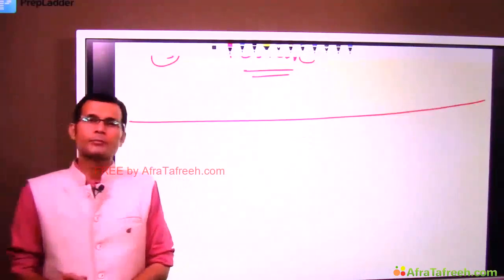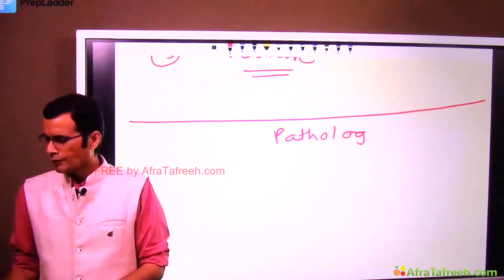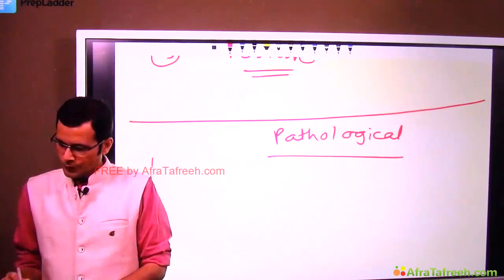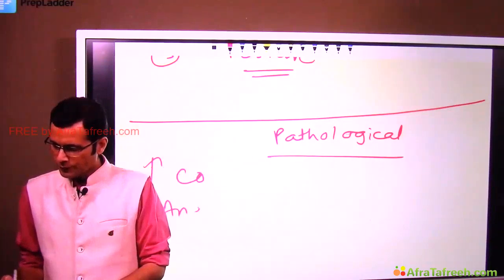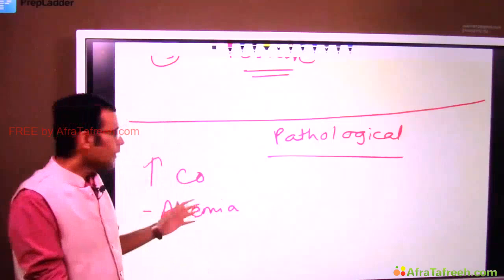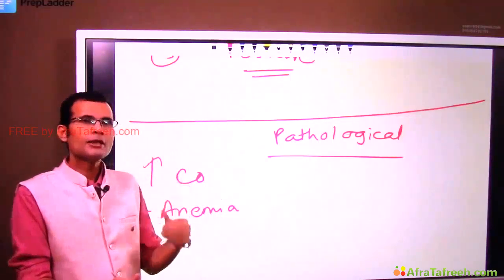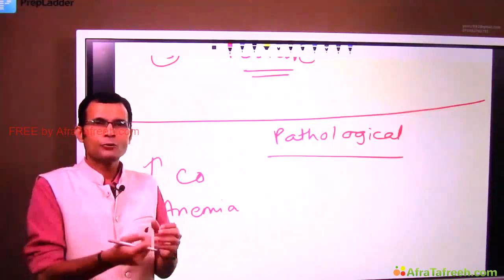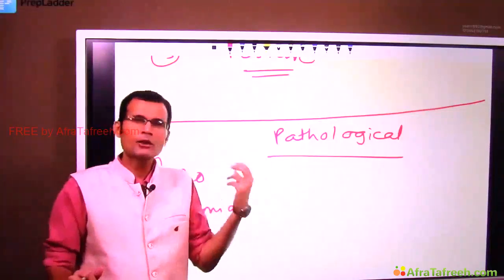Pathological factors. I'll just name a few important ones. Increased cardiac output will be seen in anemia. Now that's logical. If the RBC count or hemoglobin is less, that means there will be a less oxygen supply to the tissues, and therefore to compensate for that, the heart will have to pump more blood. I'm just explaining the logic behind it.